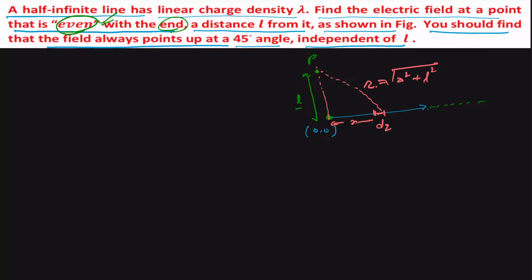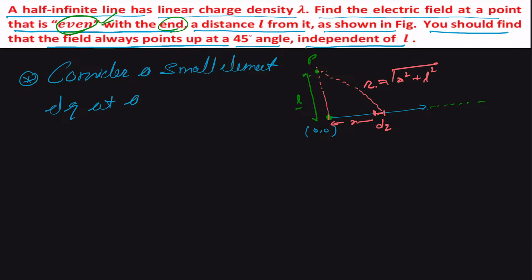And we are going to write in both vector form as well as magnitude form. So let us say consider a small element dq at a distance x from the origin.